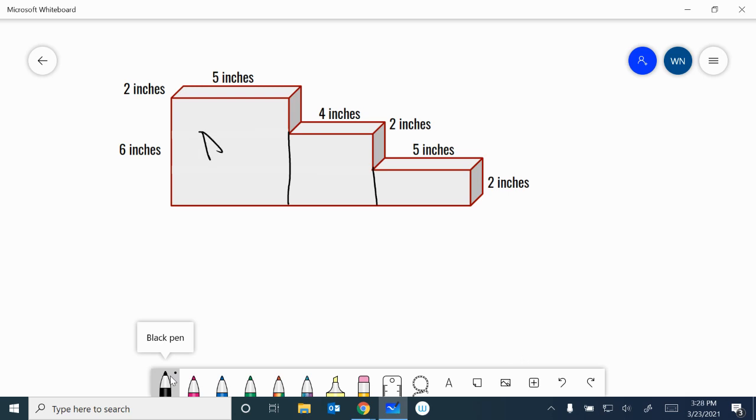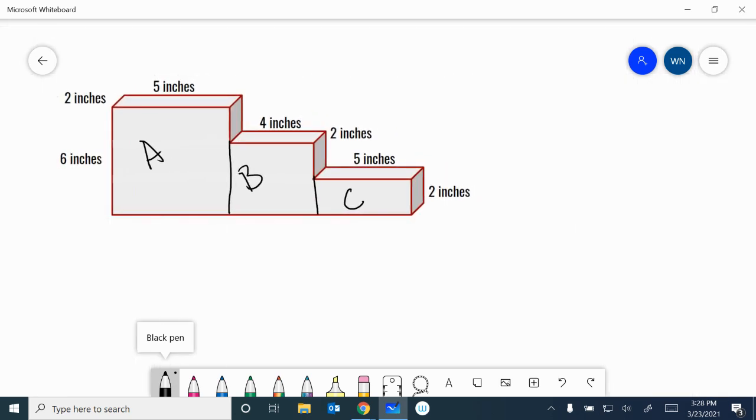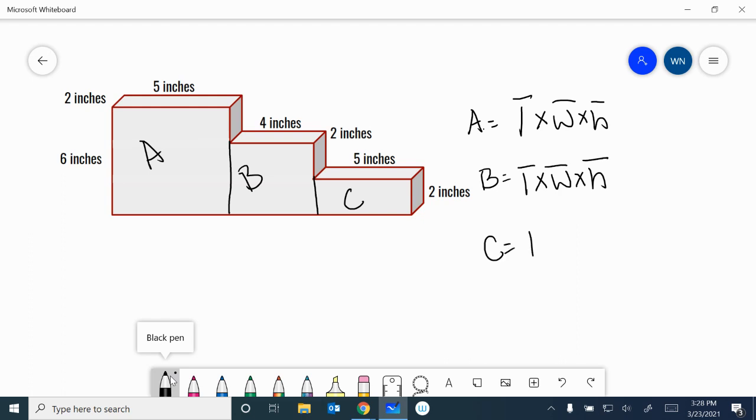So we're going to need to label them A, B, C. So we're going to need 3 separate figures. So over here on the side, I'm going to go ahead and say A, length times width times height. B, length times width times height. You should be writing these out with me. Remember, for composite figures, you need to write out the length and the width and the height every time.